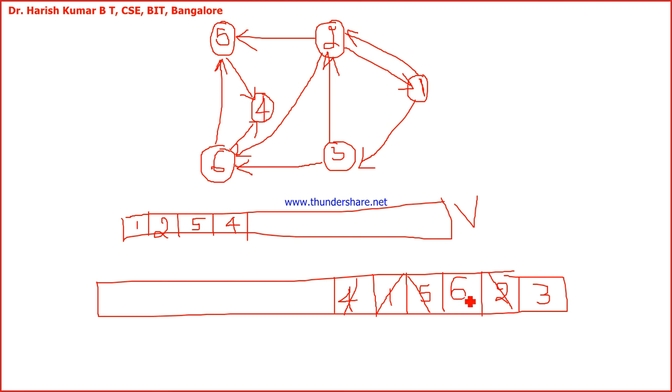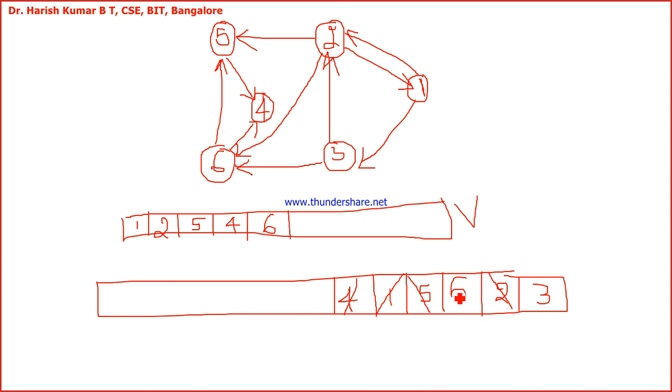Since there are none, we backtrack. We go back to 5, and then we go back to 2 also, and then we visit 6.